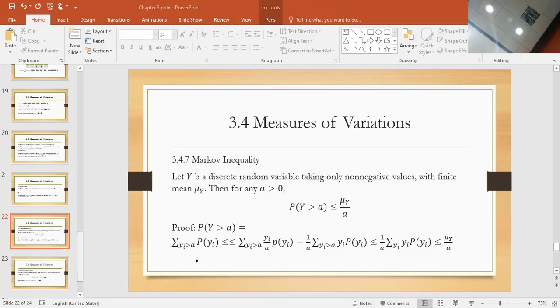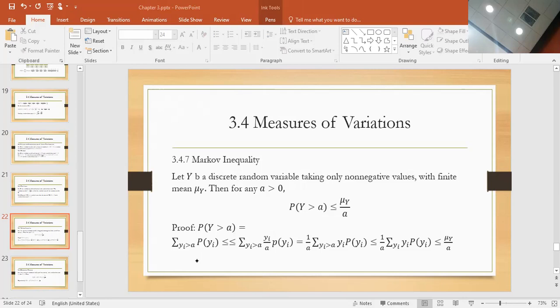Now, that means if you think about what I say here for pi, if a equals pi, I'm starting from p of 4, p of 5, p of 6, and adding them up. So I can as well say that if I add the terms that we're missing here, I will increase that expression because they are all positive. So this is again less than or equal to the sum over all yi of yi over a, p of yi.